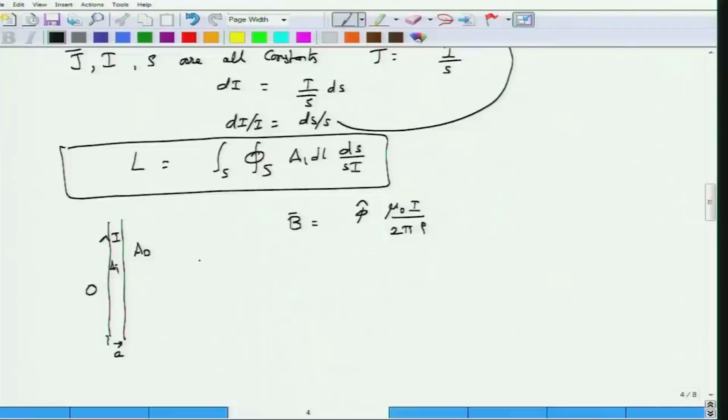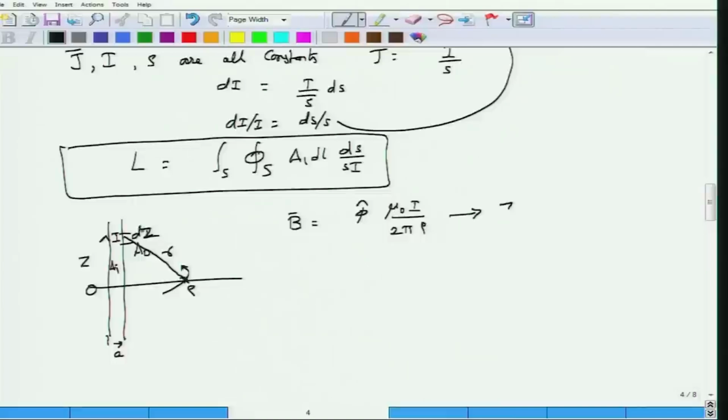So, I am actually at a distance of rho here, okay, and I am actually considering the current distribution at this particular point, okay, sorry, the line element at this particular point at a height z above the horizontal plane, okay, and the distance between the current element to this field point will be small r. This is my notation for this particular problem. So, the magnetic field around this will actually be along the phi direction, and this will be given by mu 0 I by 2 pi rho.